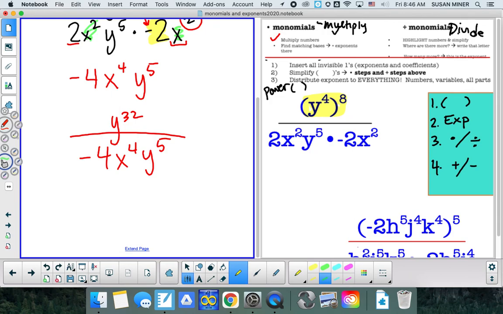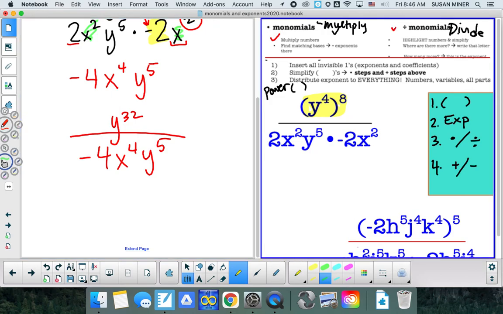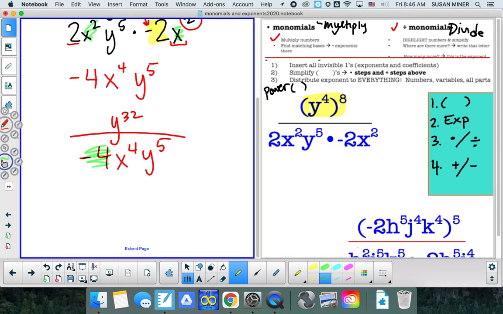And so the last thing I can do then is use my division rules. I want to highlight any numbers that I have. Here's a number. And simplify my fraction. Well, negative 4 can't be simplified, and there's no coefficient up top. And so I'm just going to leave the negative 4 in the bottom where it is.